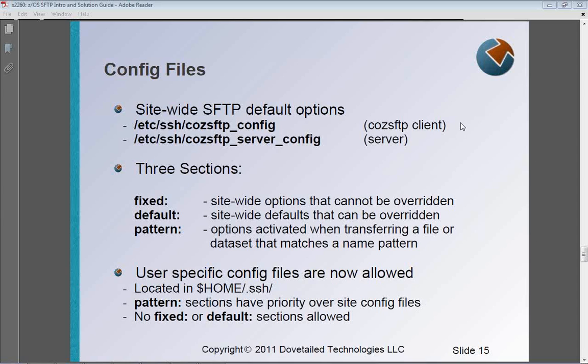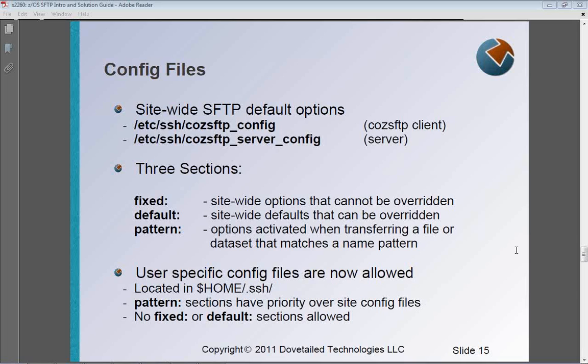So for example, one use of this fixed section is to set the exits that you want to have run automatically, or you, for example, want to turn off or on SMF recording.